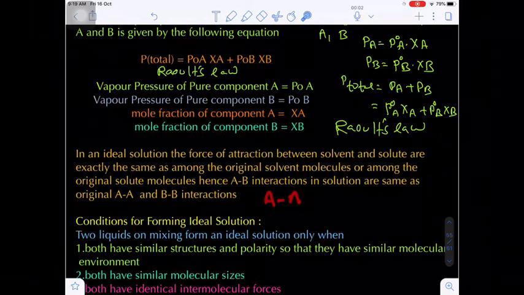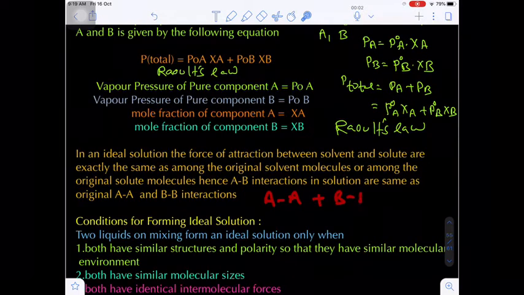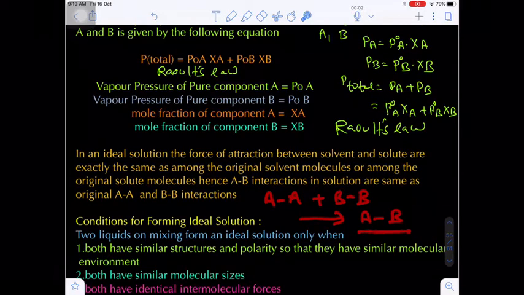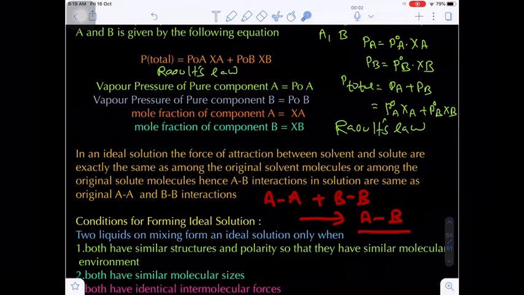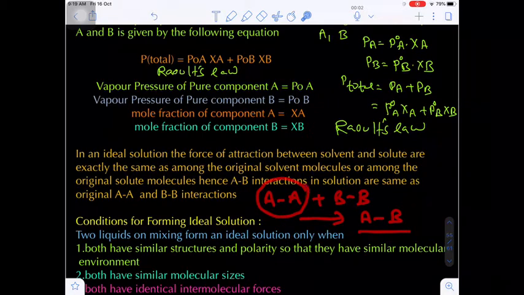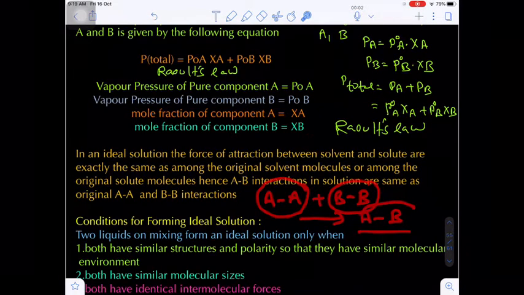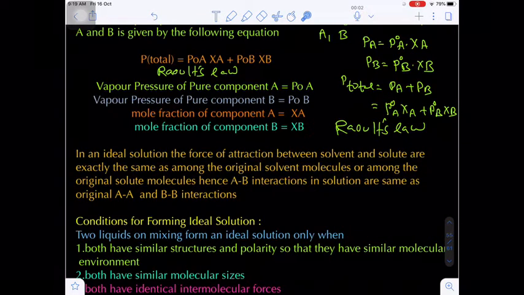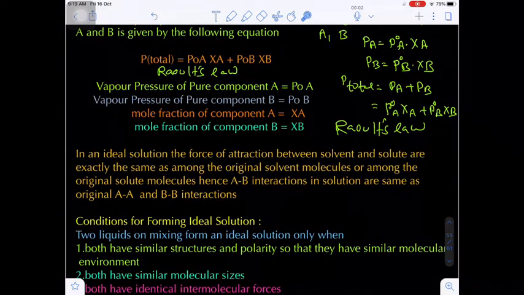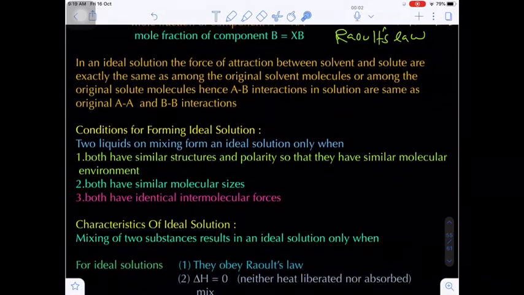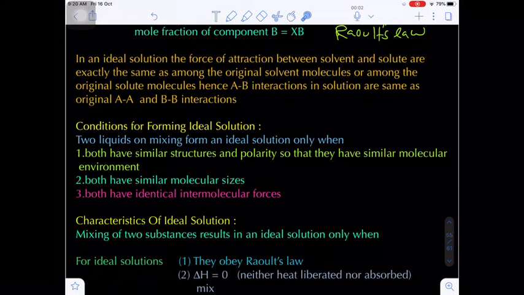Suppose I am adding component A to component B, and these two combine to give another solution, an AB type of solution. The condition: the intermolecular force of attraction in AA molecules, in BB molecules, and between AB molecules must be identical, must be similar. This is the main criterion regarding ideal solutions. Are you getting my point?